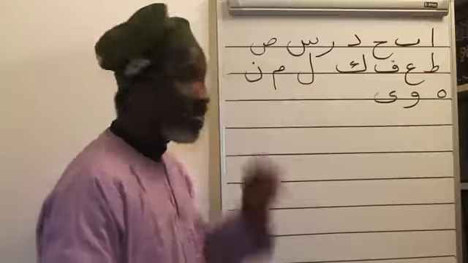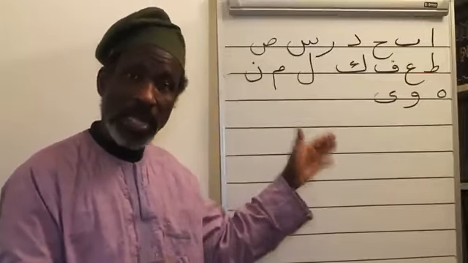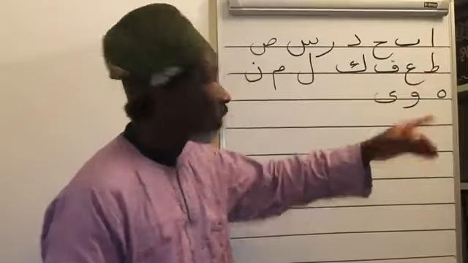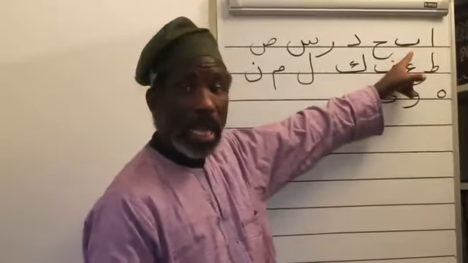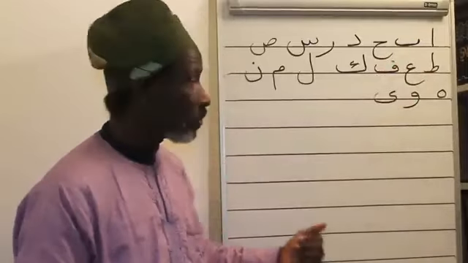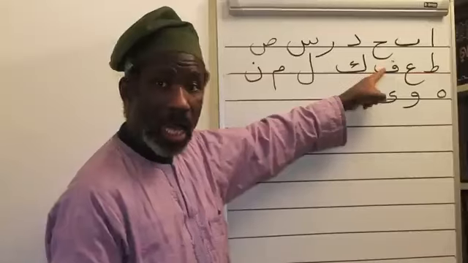These are the 17 shapes on which the Arabic alphabets are based. So, alif on its own, this shape, you make ba, ta, tha. And this shape, you make ha, jim, ha, and kha.